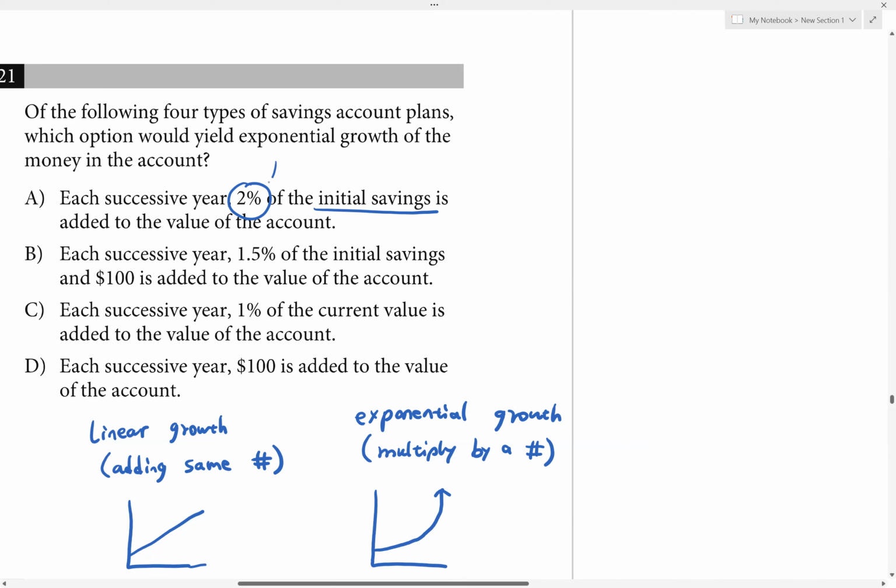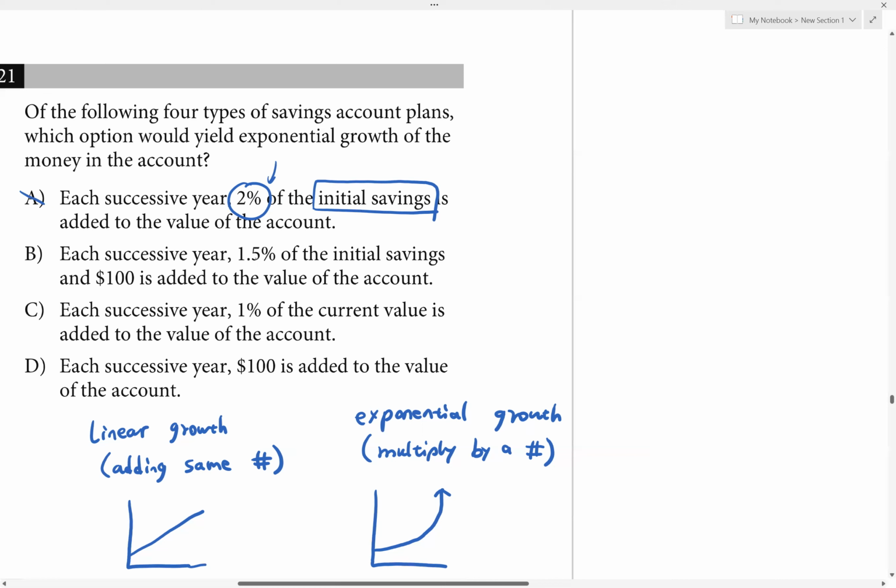Although it's a percentage, since the initial saving never changes, it's always the same number, so 2% of that will always be the same number. So here we're actually adding the same number each time. It's not multiplying by a percentage, because 2% of the initial saving is a fixed number. So it's actually not A. This is a little bit tricky.